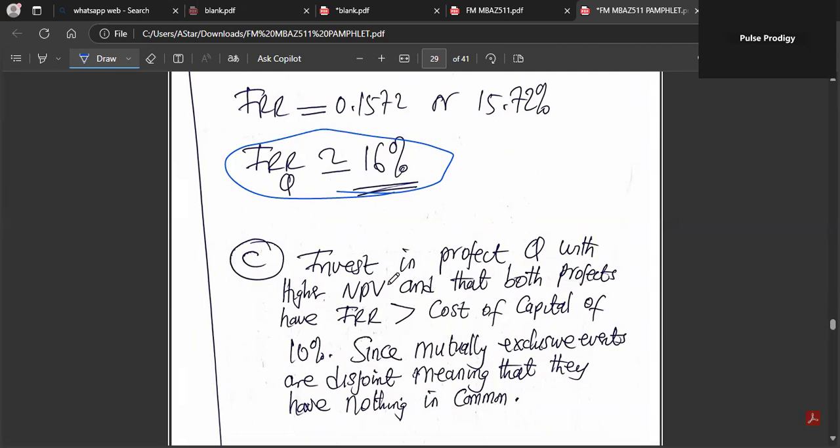So, based on NPV, you need to just invest in project Q with higher NPV. And since both projects have an internal rate of return greater than the cost of capital, you can choose either project for internal rate of return.